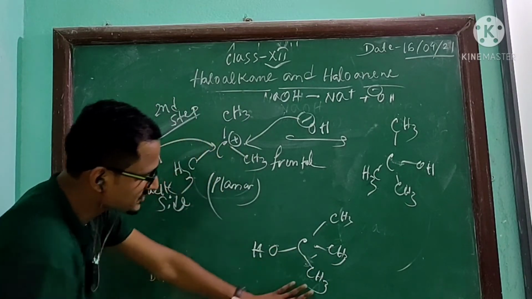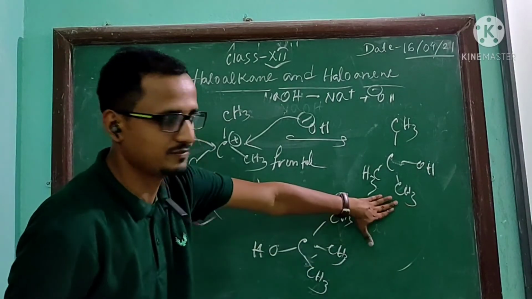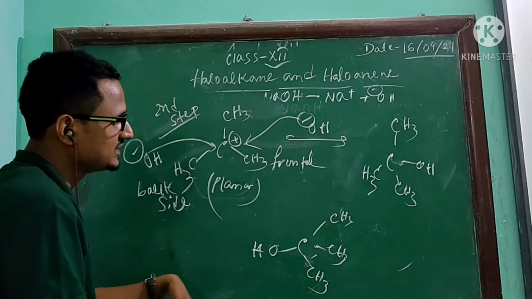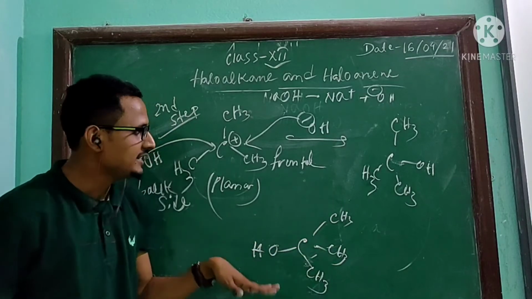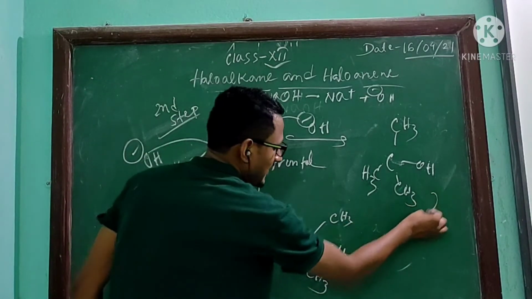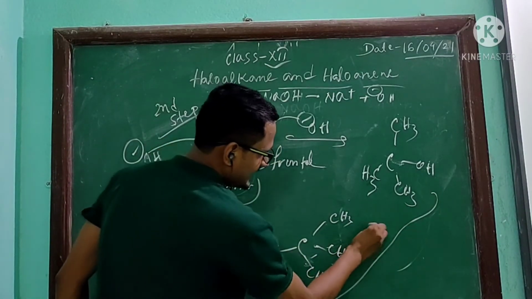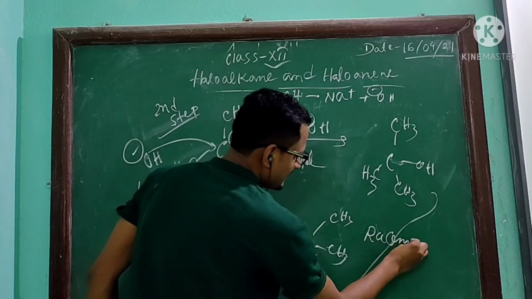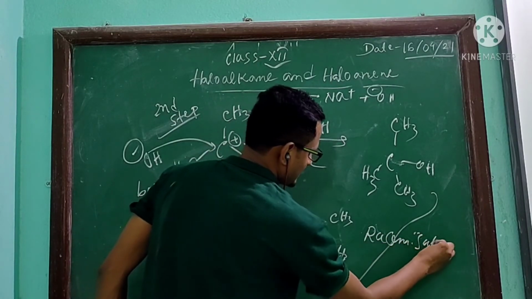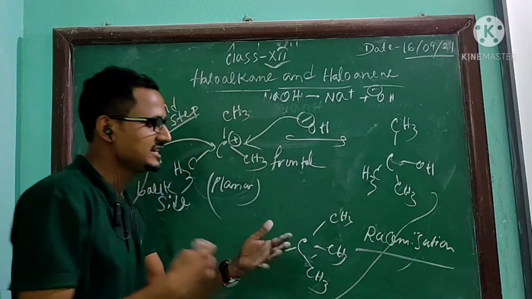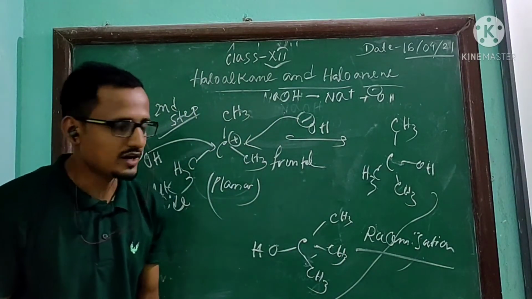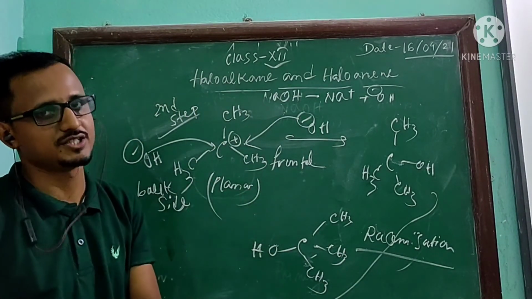So this one is inversion of configuration, this one is retention of configuration. These two are enantiomers of each other. That means together you will get a racemization. So the SN1 reaction mainly gives the racemized product. One is retention, another one is inversion.